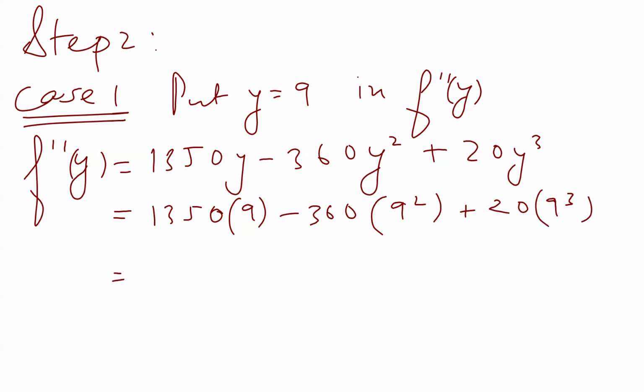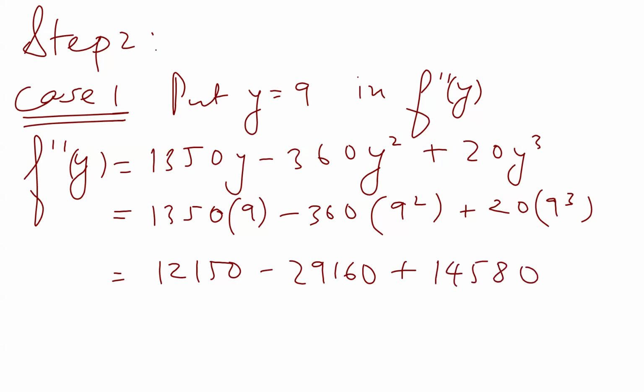So 1350 into 9, let's just calculate that. 12150 minus 360 into 81, 29160, plus 20 into 729, 14580. 14580 plus 12150 minus 29160.